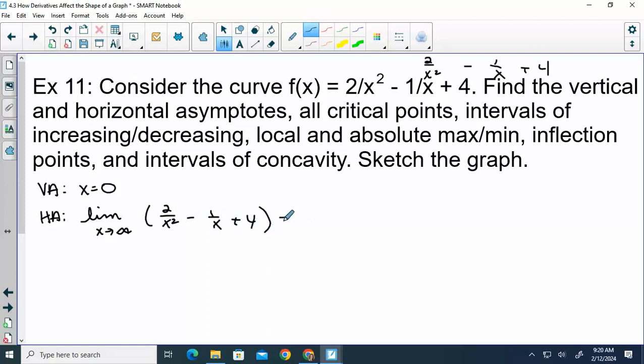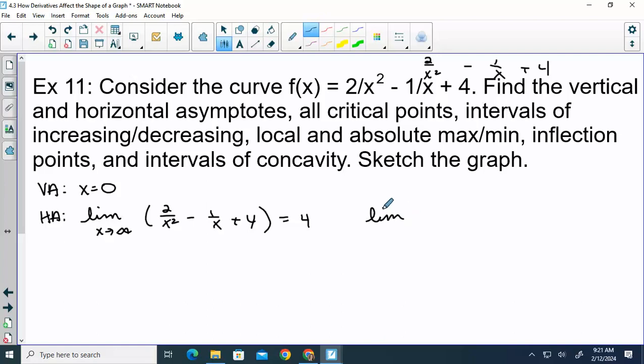Okay, 2 over infinity is going to, if I have 2 pizzas and I invite more and more people to eat with us, it's going to 0. 1 over infinity is going to 0. Remember, a number over positive or negative infinity always goes to 0. So this is just giving me 4.